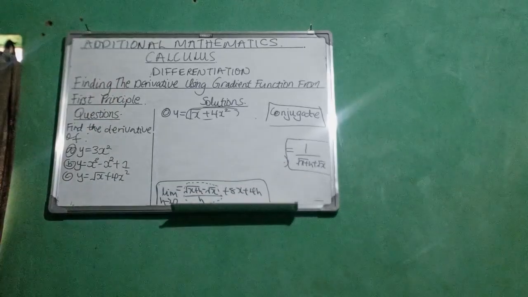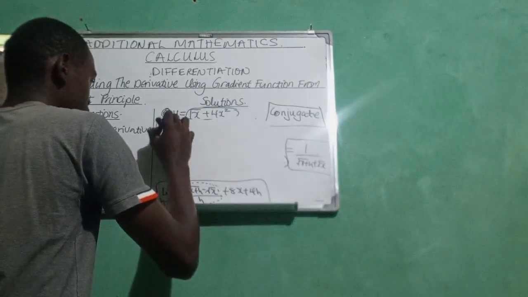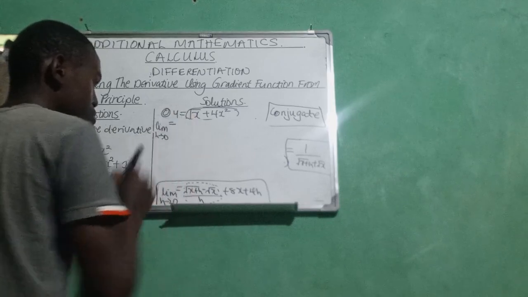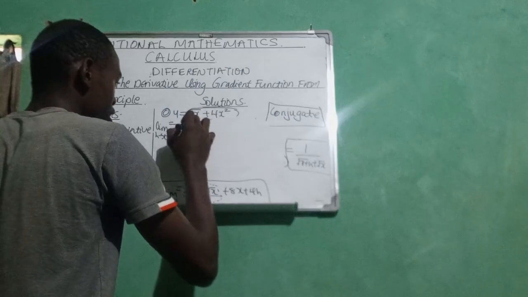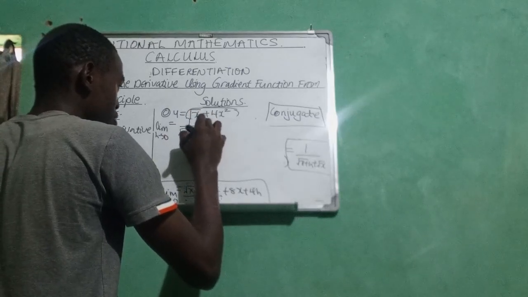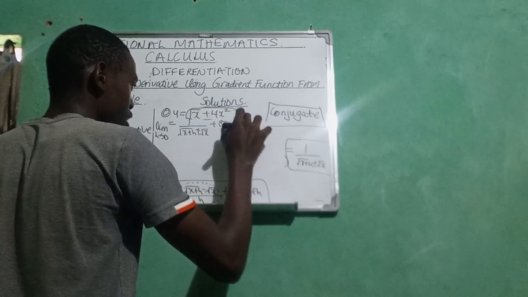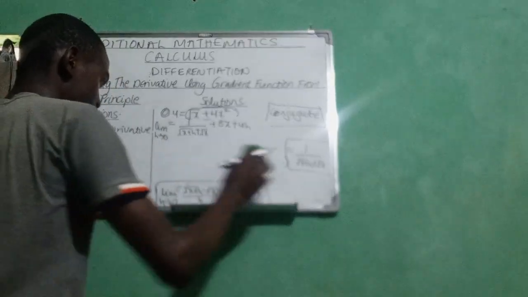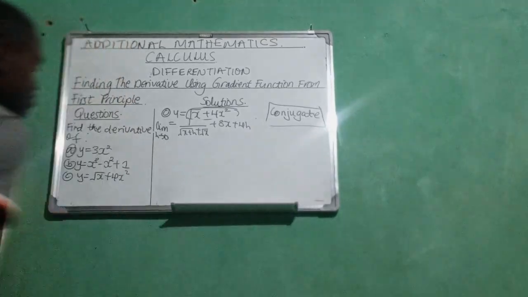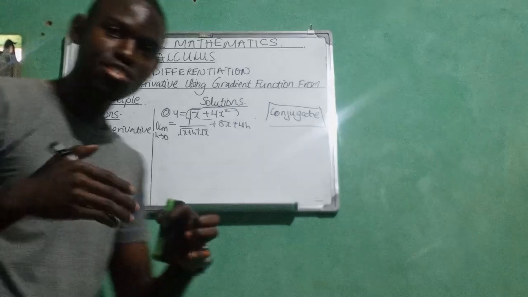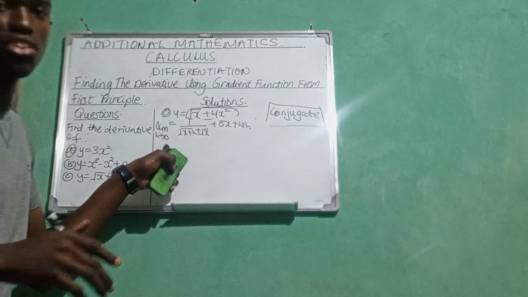Okay, so reaching that point, we now get this. The limit as h approaches 0 is equal to, instead of writing this, we are going to write 1 over square root of x plus h plus square root of x plus 8x plus 4h. We can now erase and just answer accordingly. Since we have already divided each term by h, we can now use the limit as h approaches 0.